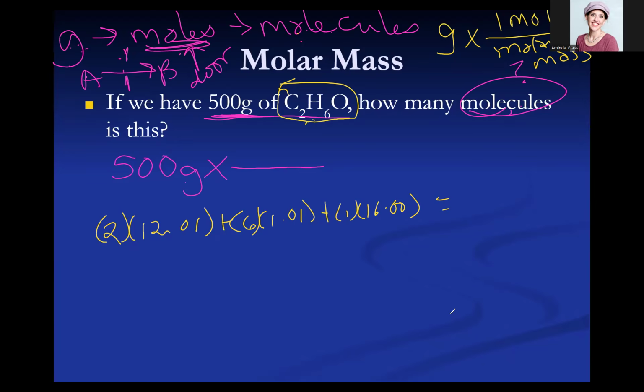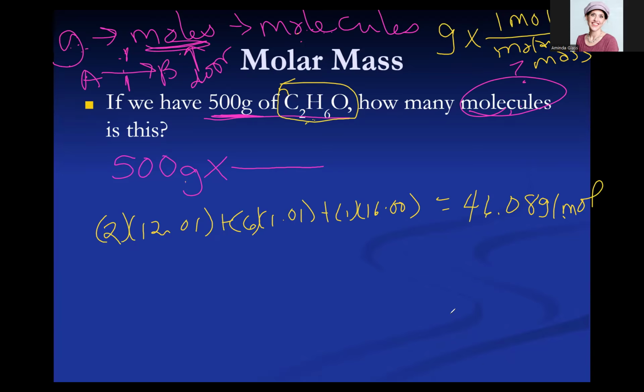So let's add that up. 2 times 12.01 plus 6 times 1.01 plus 1 times 16. So that gives us 46.08 grams per mole. So in 1 mole, we have 46.08 grams.